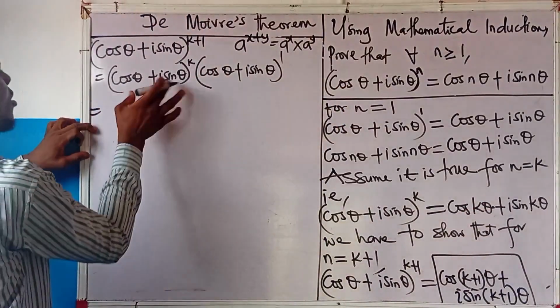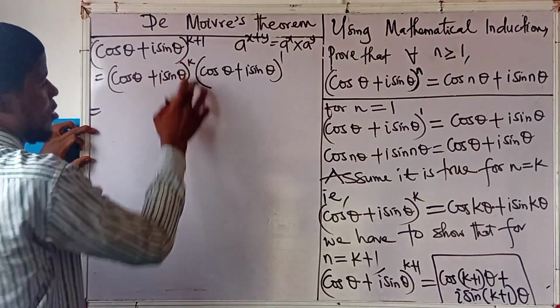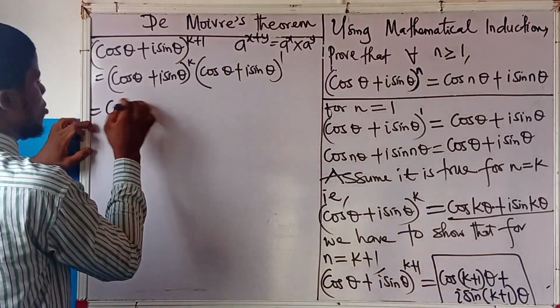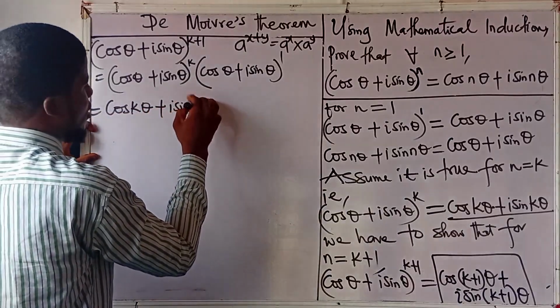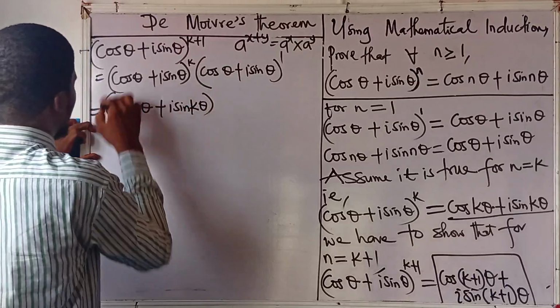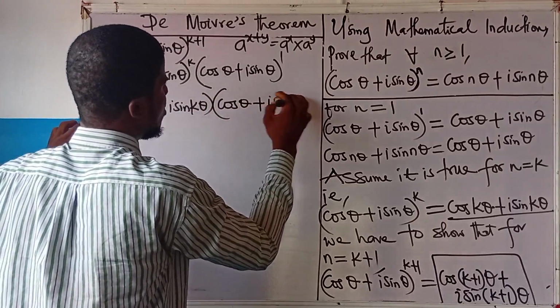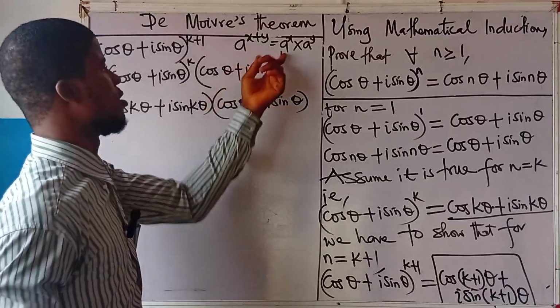So everything you see here in this bracket, (cos theta plus i sin theta) raised to power k, I'll be writing this: cos k theta plus i sin k theta multiplying this cos theta plus i sin theta. You know that anything raised to power 1 is that thing.